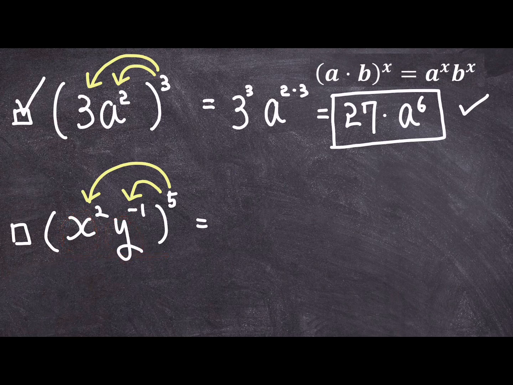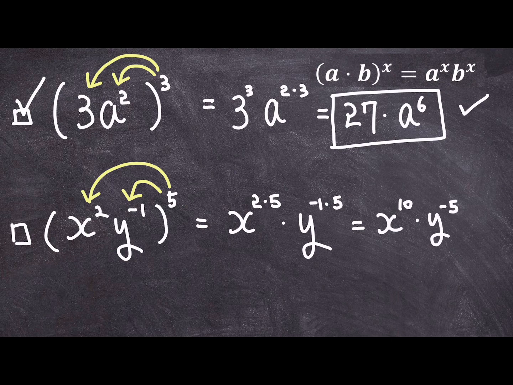So what I will end up with is x to the power of 2 times 5 and y to the power of negative 1 times 5. So that should equal x to the power of 10 times y to the power of negative 5.